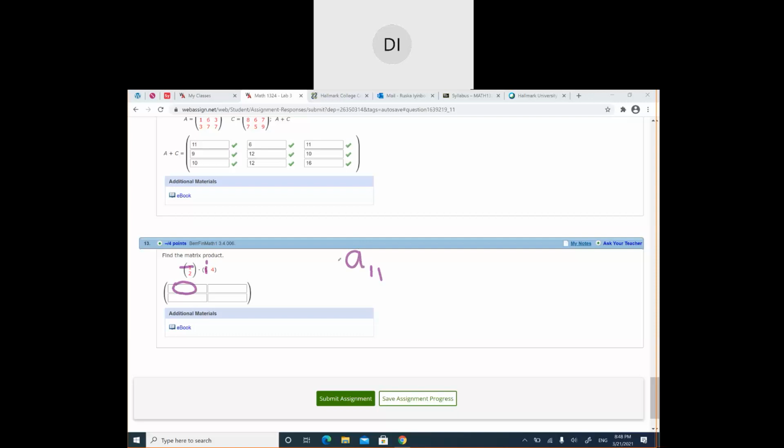Remember, we have the elements of 1 1, the first row, the first column. Then the next number is going to be first row and second column. Then the next number here is going to be second row and first column. And the number here is going to be second row and second column. So this is how the numbers are going to be in this answer matrix here.